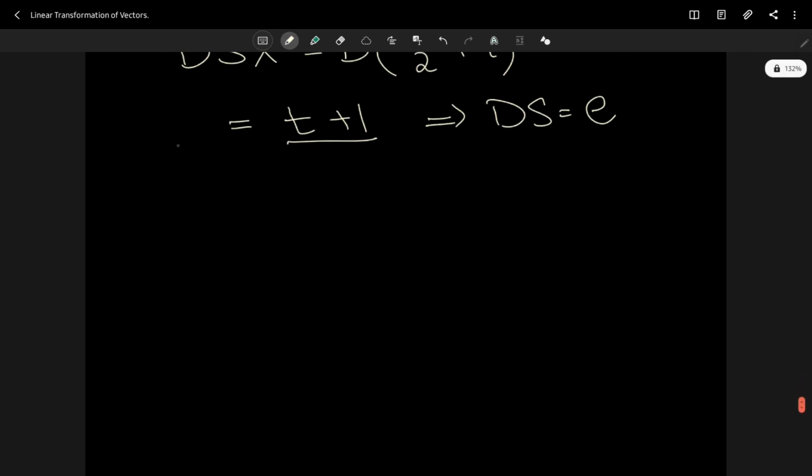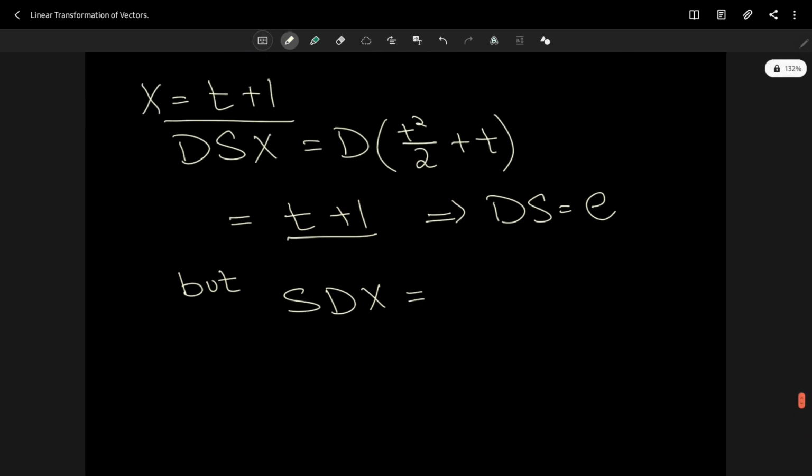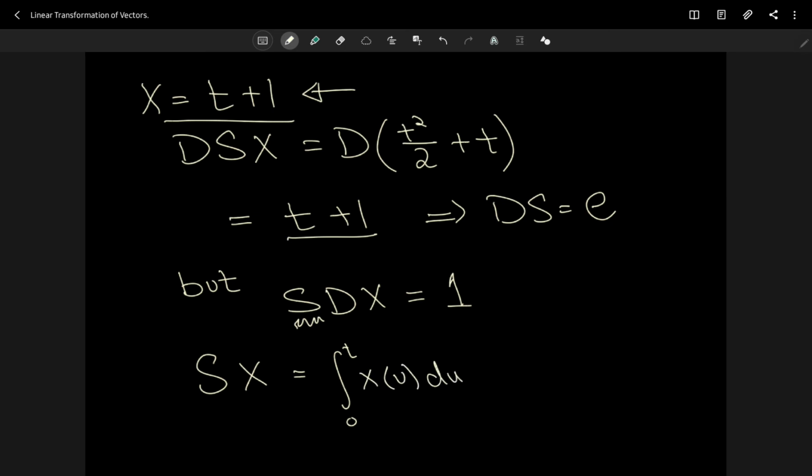But what happens if I were to do SDx, right? Now if I take the derivative of this function with respect to t, I end up with 1. Now remember S on x was defined as the integral from 0 to t of x, a function of u, du, right?